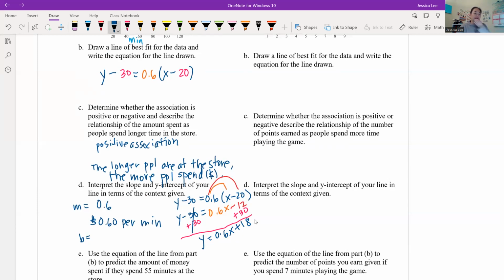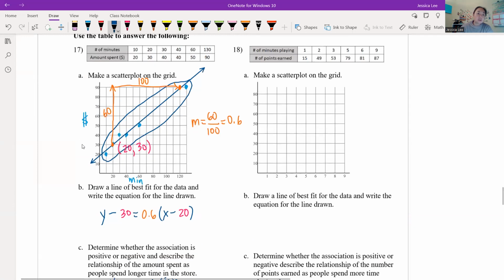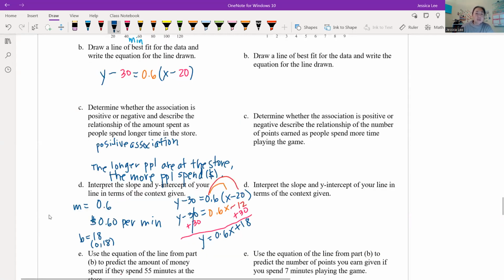What do you notice? I told you it was going to be something like that, right? So our 18 is going to be our b. So b is, you can say 18, or we'll say 0, 18. That's going to be our y-intercept, which, look, see, I told you, it's going to be about there. And then what does that mean? So remember, we have to represent both things.